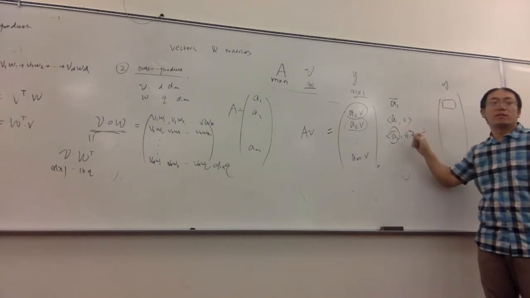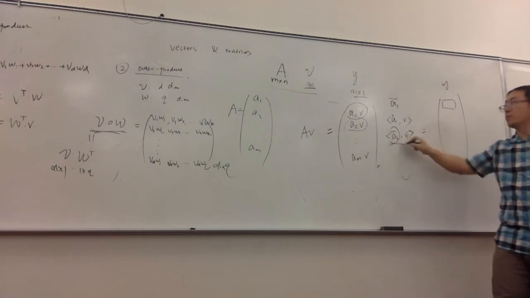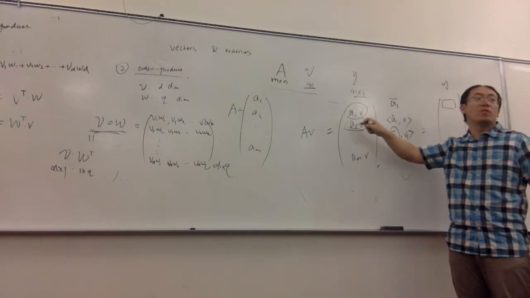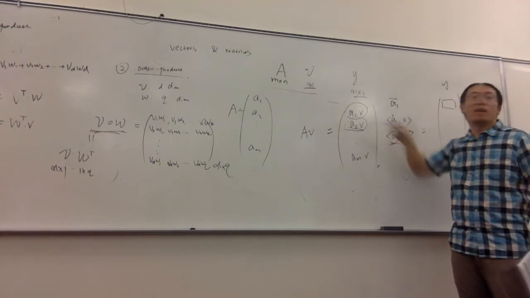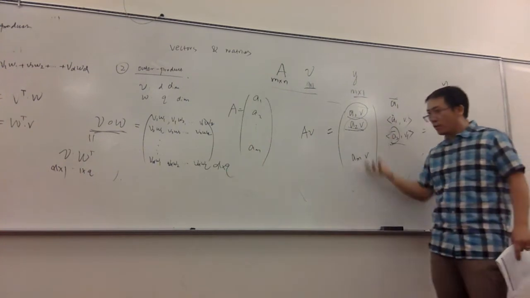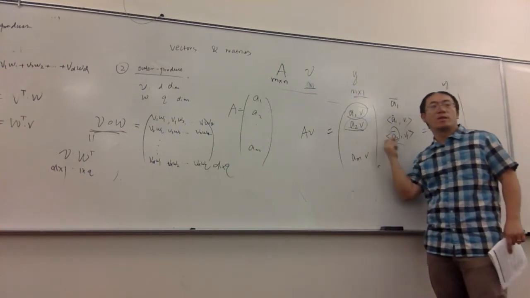Because both are column vectors, their inner product is the transpose of one multiplied with the other, because this is a row vector multiplied with v. So this is a block matrix view of doing the multiplication.